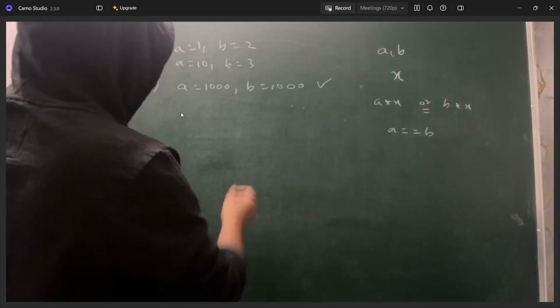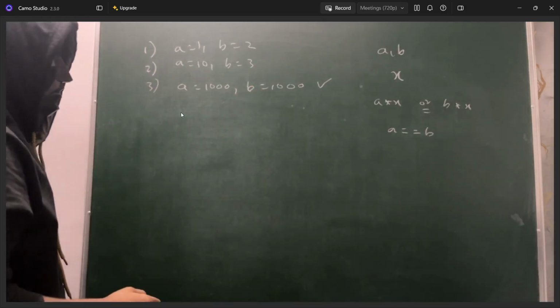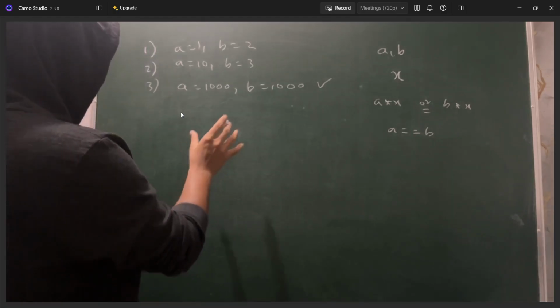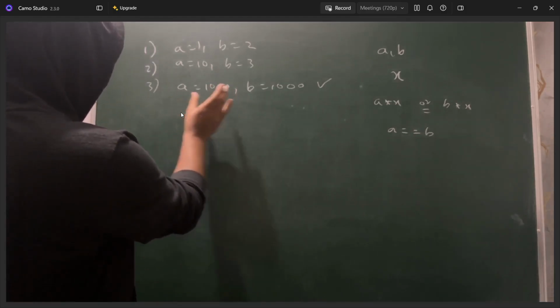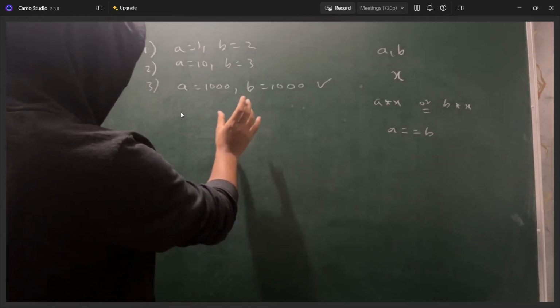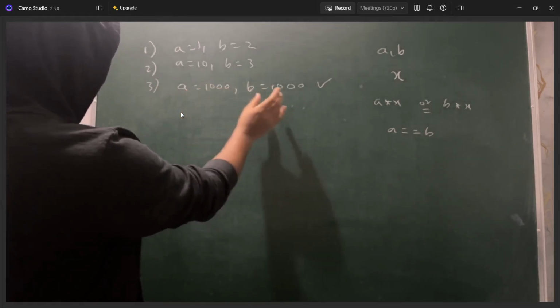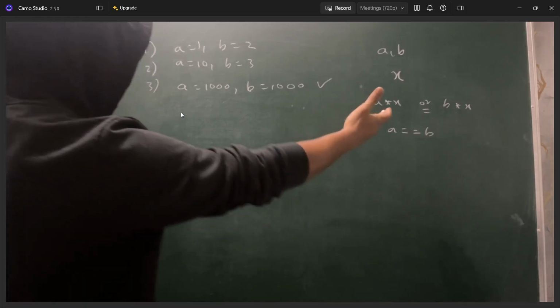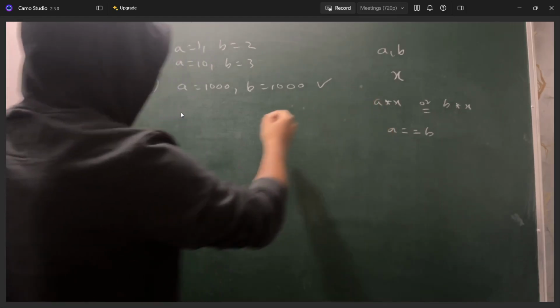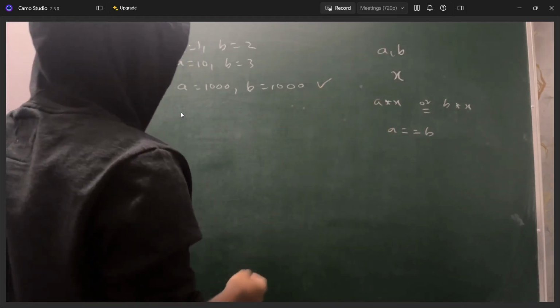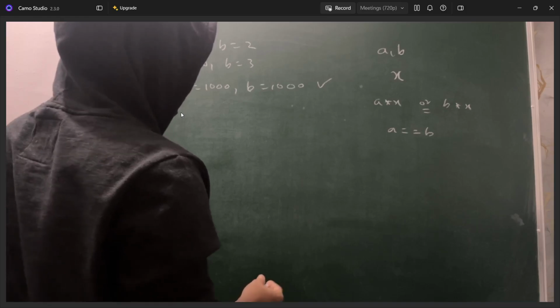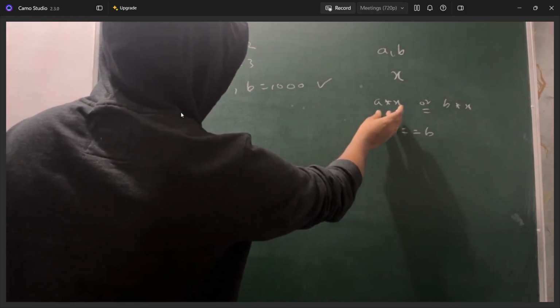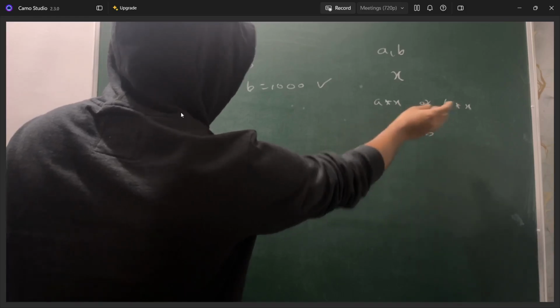If you want to make them equal, initially a and b are both equal, right? So in this case, since both a and b are initially equal, we don't need to do any operation.